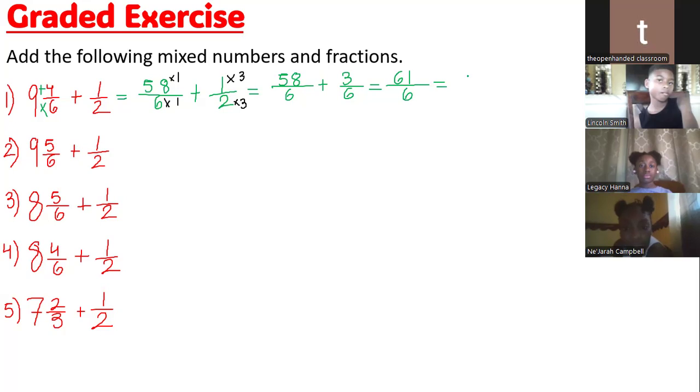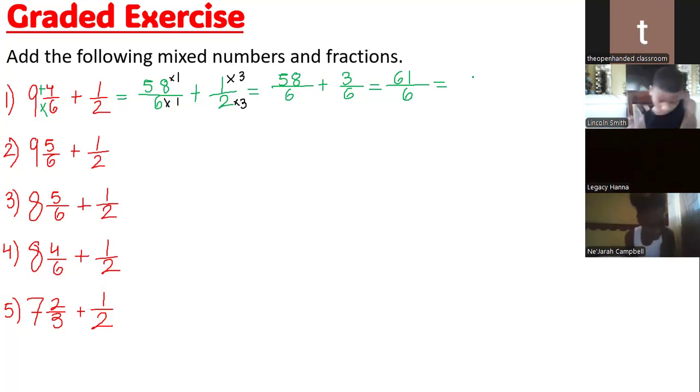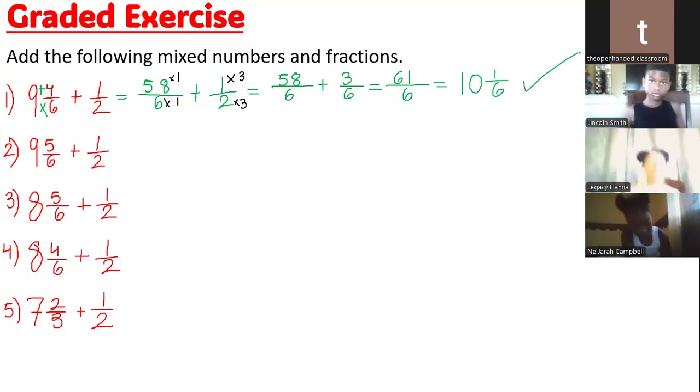We can divide that now. And what is the answer? My answer is 10 and 1 over 6. Very good. Did anyone else get 10 and 1/6? Let me know, please.